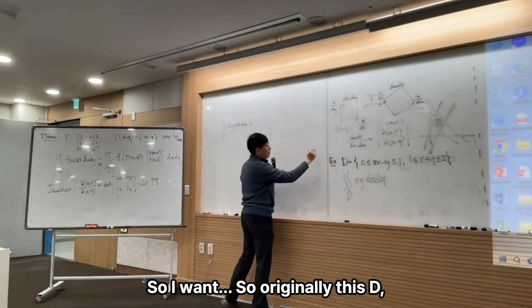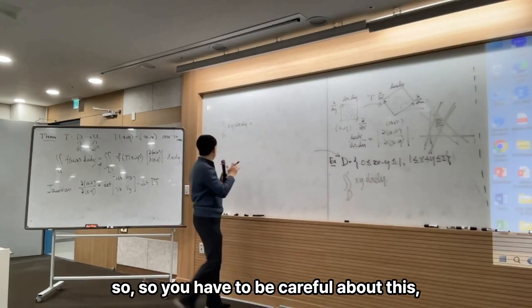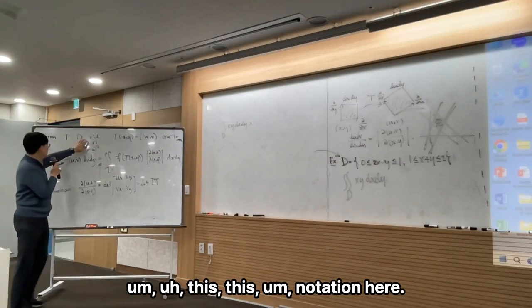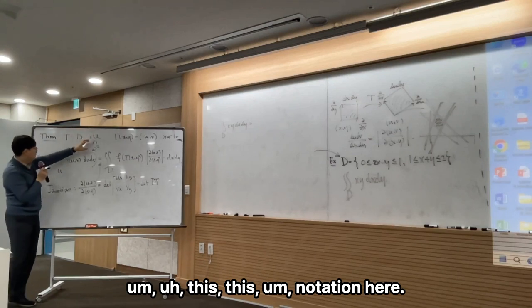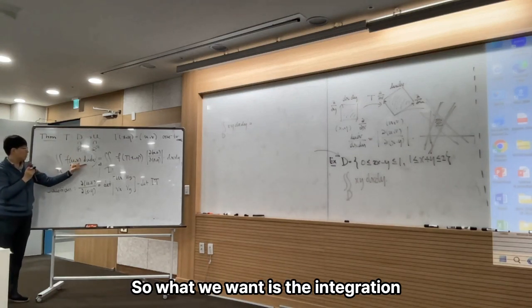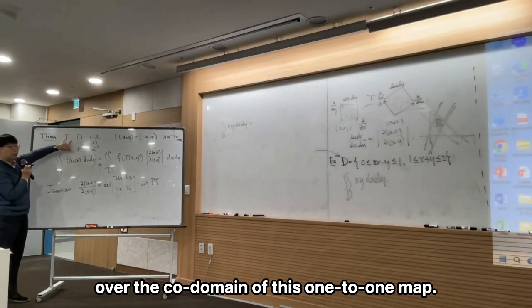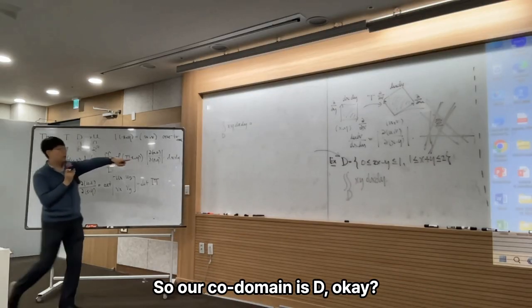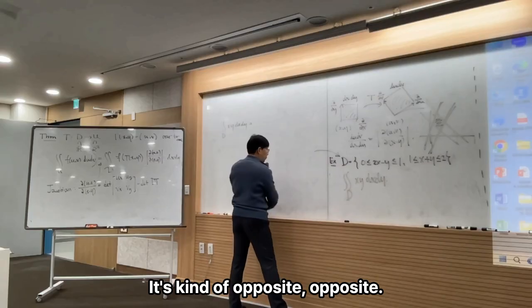So originally this D, you have to be careful about this notation here. What we want is the integration over the codomain of this one-to-one map. So our codomain is D. It's kind of the opposite situation.